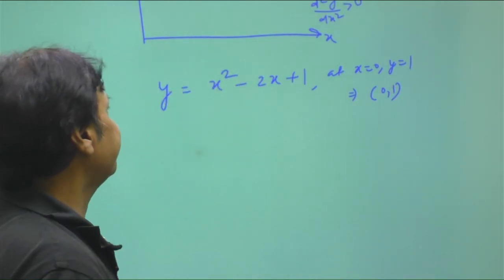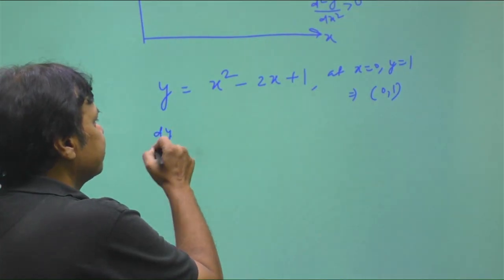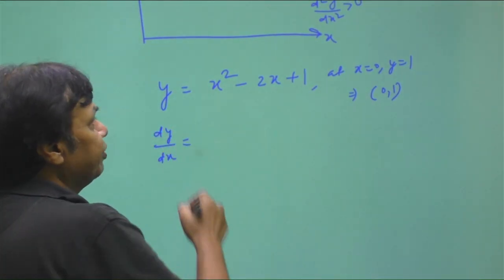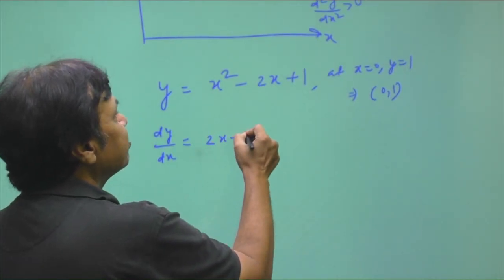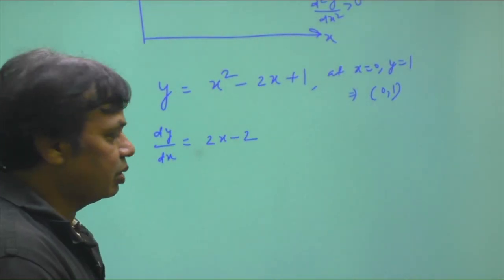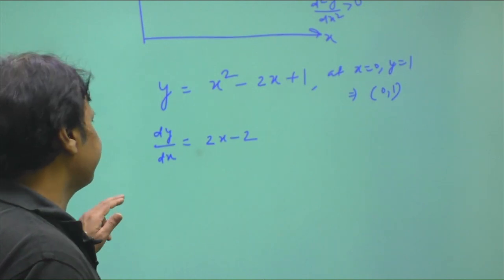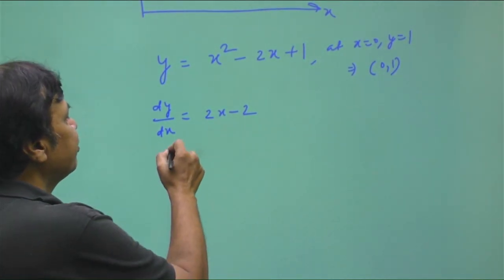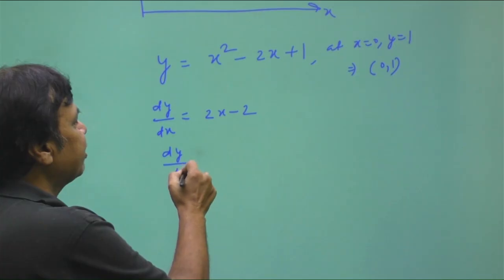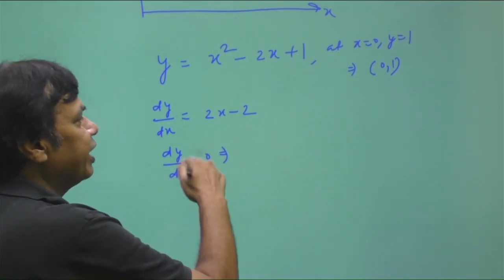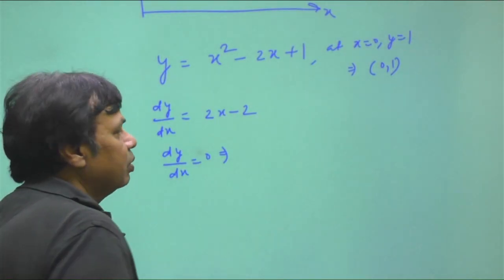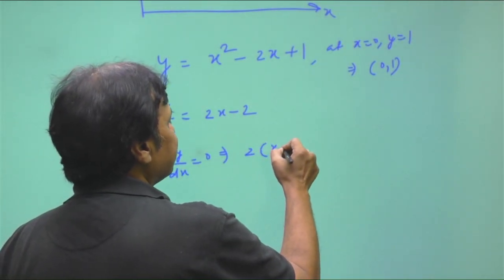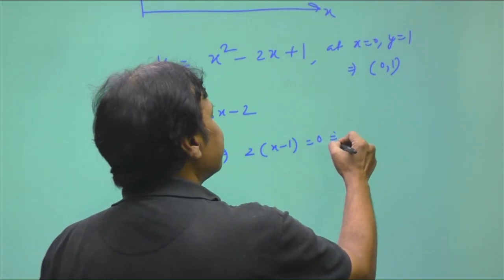And then you can find dy upon dx, and this dy by dx is 2x minus 2. And I suggest you just put dy by dx equals 0. That means 2x equals 2, so x minus 1 equals 0. That gives you x equals 1.